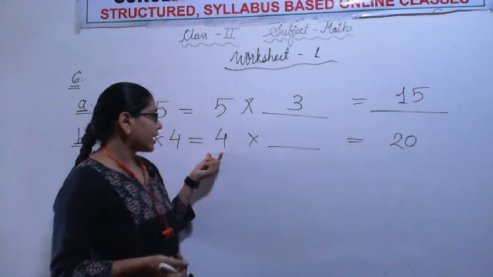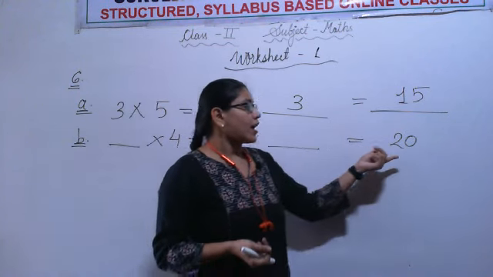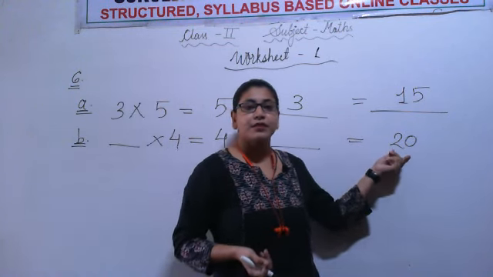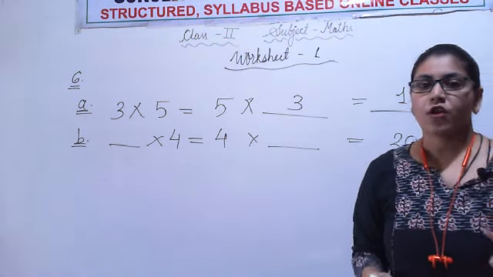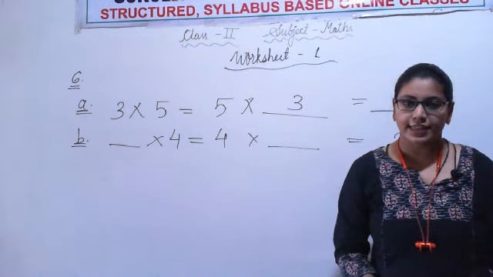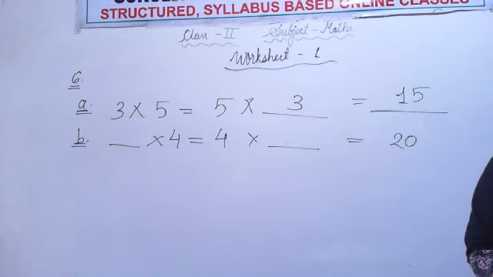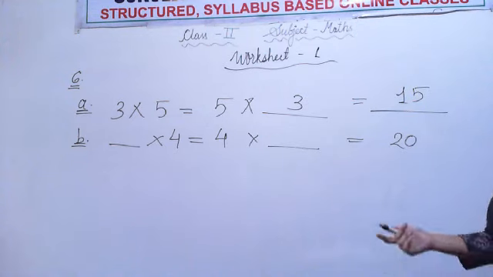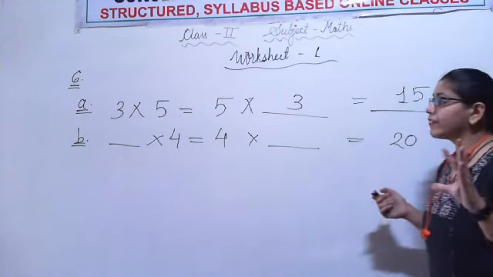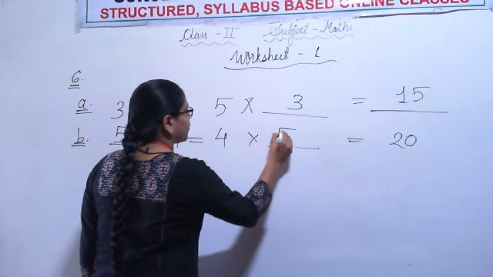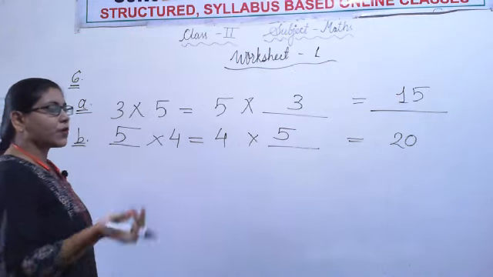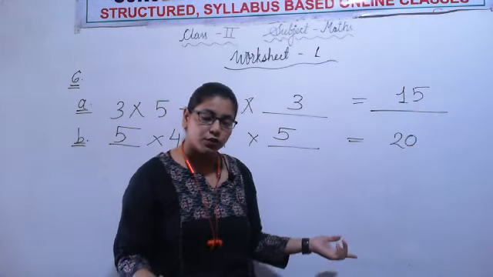So in the table of 4, how many times does 20 come? Recite the table of 4. 4 1s are 4, 4 2s are 8, 4 3s are 12, 4 4s are 16, 4 5s are 20. So in 5 times 20 comes. Here we will write 5, and here also. So 5 4s are 20 and 4 5s are 20.